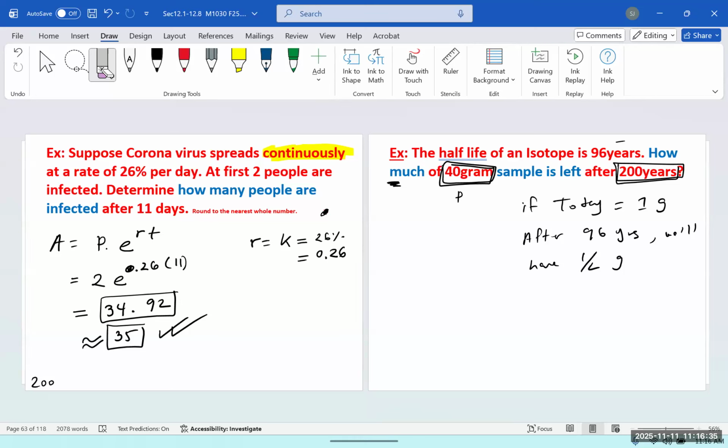They gave us double time because we need the first sentence to find out the rate of change, or the rate of decay. At what rate they're decaying, they're decreasing. So we start with the first sentence. Half-life is 96 years.